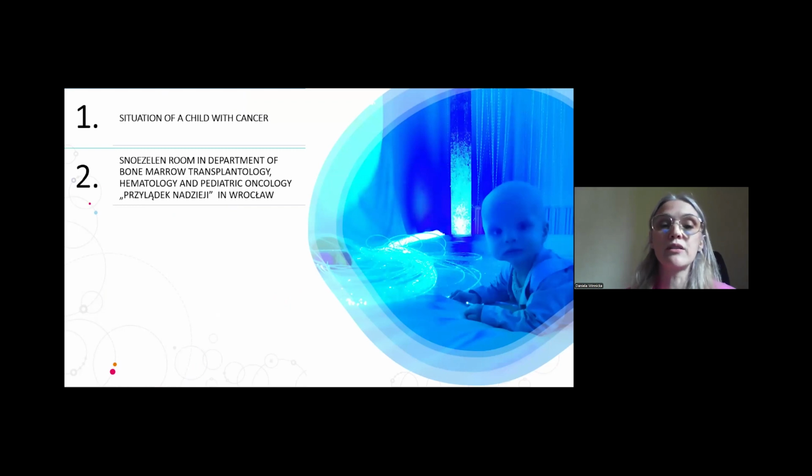Okay, what will I be talking about? First, I will talk a little about the situation of a child with cancer, because we know now that the treatment of cancer is very aggressive for a person who is developing very fast. It is about children. Second, I will talk about what the snoezelen room is and what multisensory therapies are, in our hospital in Wrocław in Poland.